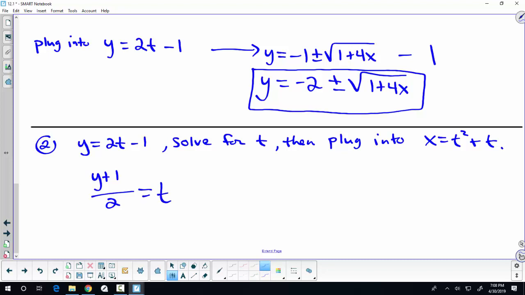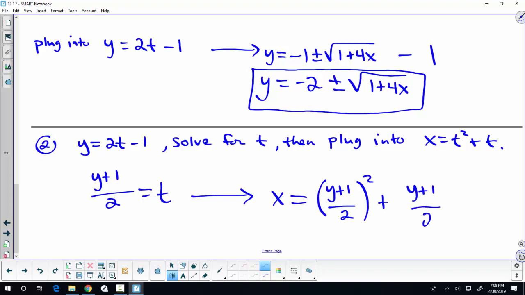Okay, so t is also y plus 1 over 2. Plugging that into x equals y plus 1 over 2 squared plus y plus 1 over 2. So t squared plus t.